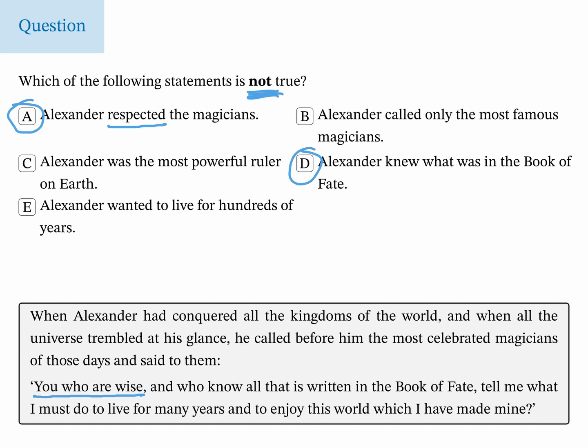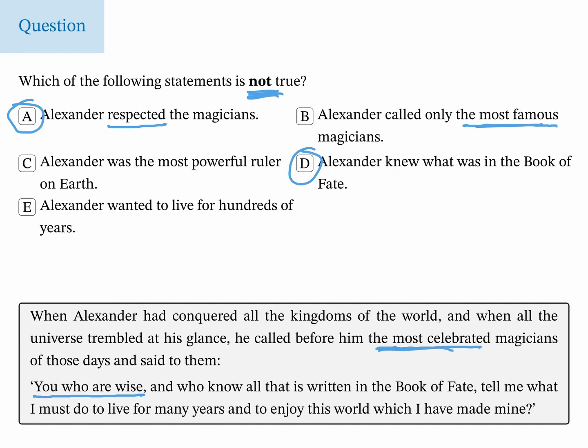He's calling them wise. B, we've got Alexander called only the most famous magicians. Now, famous, another word for this, another synonym is here, the most celebrated. Celebrated means admired, renowned. So, okay, we can see they're the most famous.